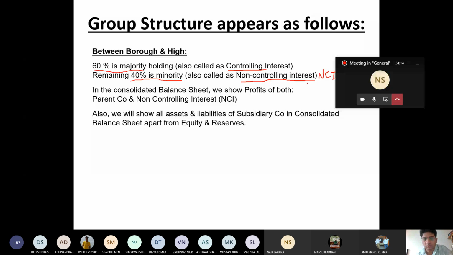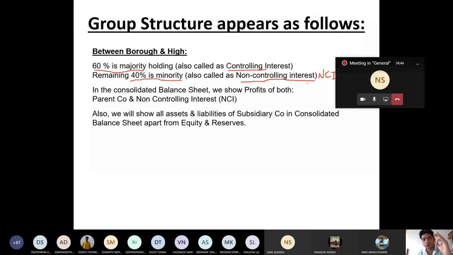Now tell me, guys, if I am preparing a consolidated balance sheet, should I only show 60% or do I have to show the remaining 40% also? You have to show both, 60% as your majority and 40% as a minority, as a liability, in NCI.